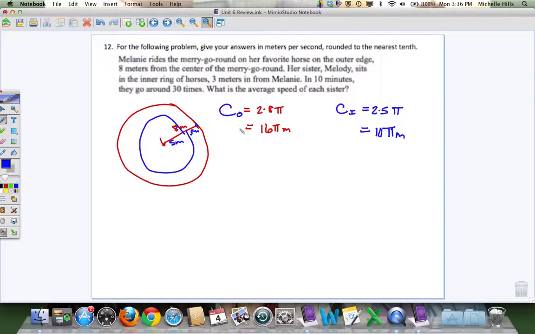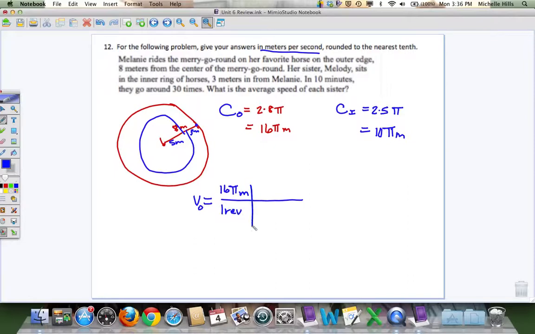Now, to find the velocity on the outer one, it's distance divided by time, because that'll give me meters per minute, or meters per second. They didn't actually specify. Oop, they did. Meters per second. So what I do know is this. I know that the sister on the outside, Melanie, travels 16 pi meters every time she makes one revolution.